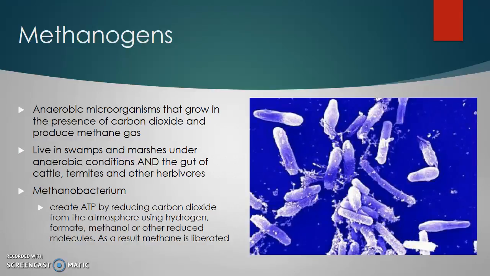They usually live in swamps and marshes and other places under anaerobic conditions, also in the gut of cattle and other animals, termites, herbivores and other things. One example is the methanobacterium, which creates ATP by reducing carbon dioxide from the atmosphere using hydrogen to draw in the carbon dioxide, which then produces the methane gas.